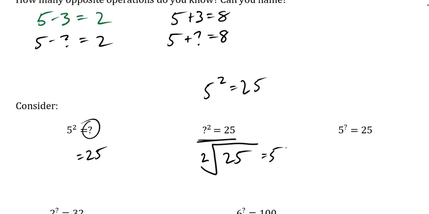So what if I put the question mark in the exponent? What's that? Good guess. Yeah, that's a logarithm, right? That's the last place that the question mark can go.